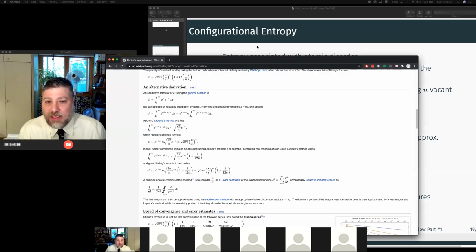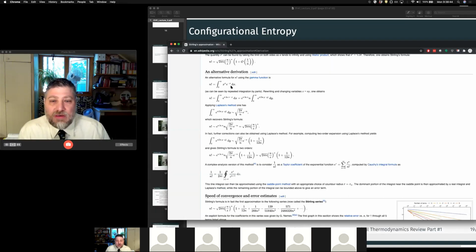But anyway, I can just throw this up here real fast. If we look at this, we can show that the factorial has to be equal to this using the gamma function. And then it's simply a matter of doing a little exponential and logarithmic algebra, and you can see where things fall into place.